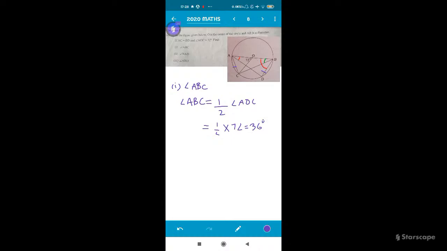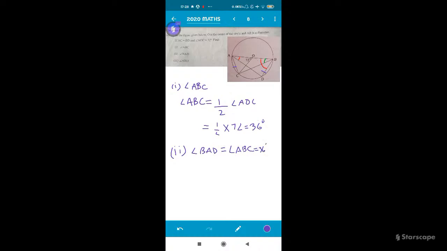Now in the next question, we have been asked to find out the value of angle BAD. Since we know that chords AC and BD are equal, if the chord AC subtends an angle of 36 on the circumference, similarly the chord BD will subtend the same angle on the circumference. So our angle BAD will also be equal to 36. So how do you write this? Angle BAD is equal to angle ABC is equal to 36 degrees.